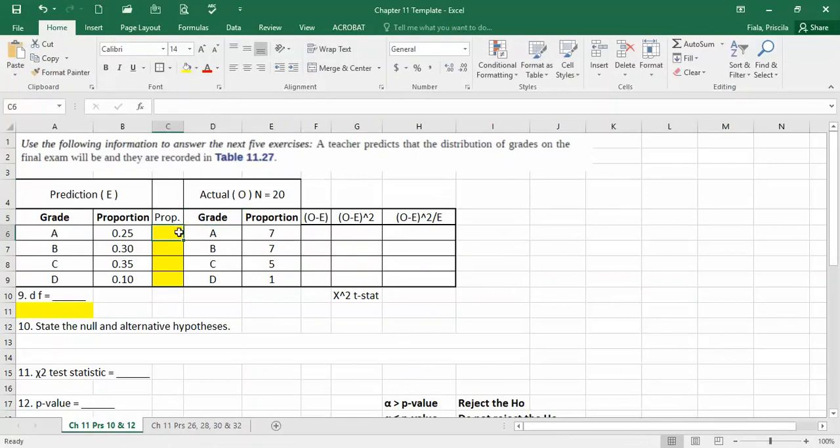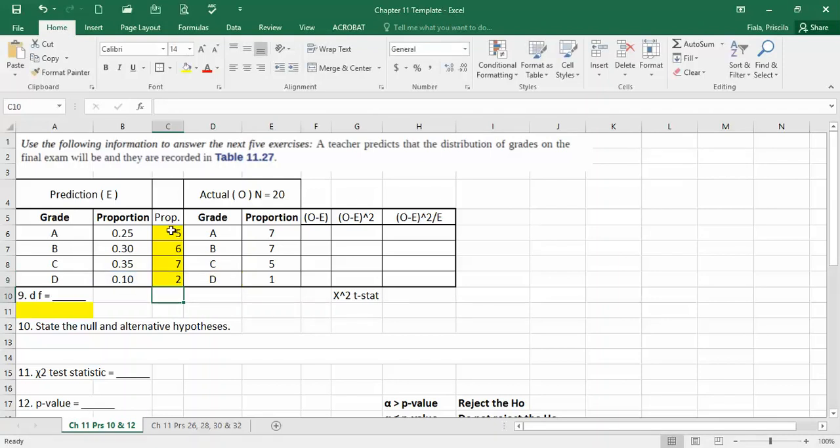Therefore, if this is the percentage, we can do 20 students times 25%, which is 5 students. And then we can do the rest. 20 students times 30%, the same as 6. I could just drag it down, but I want to do it so you can see it, 20 students times 35%, and then 20 students times 10%.